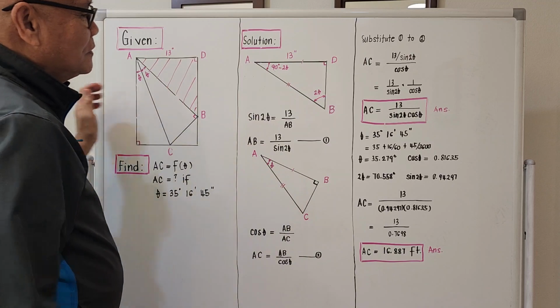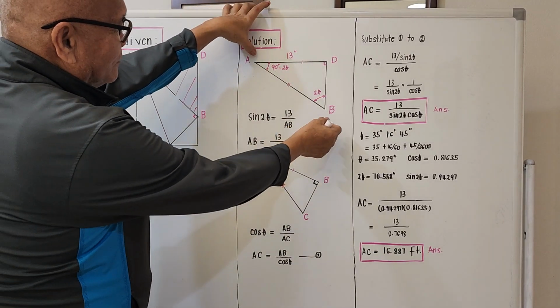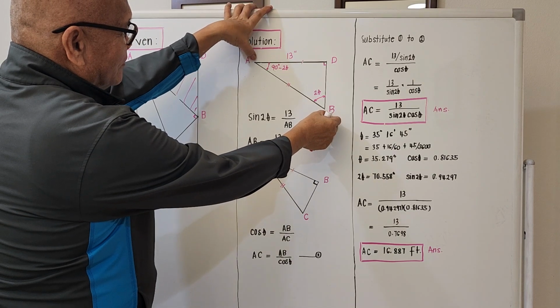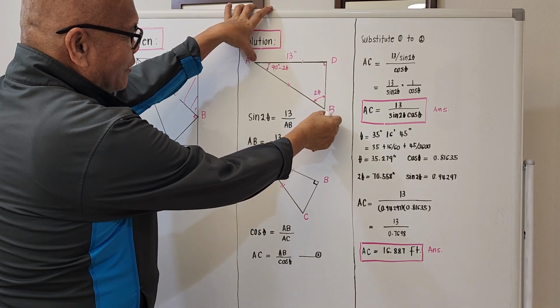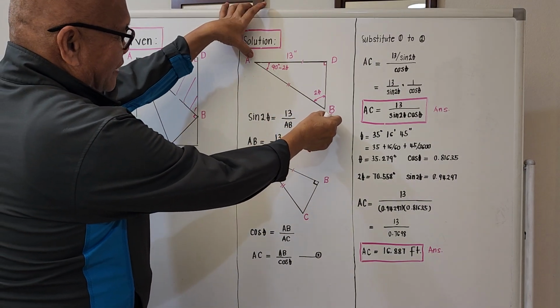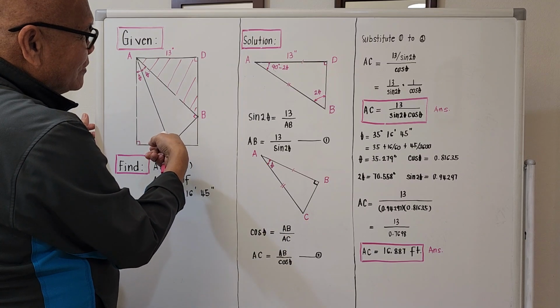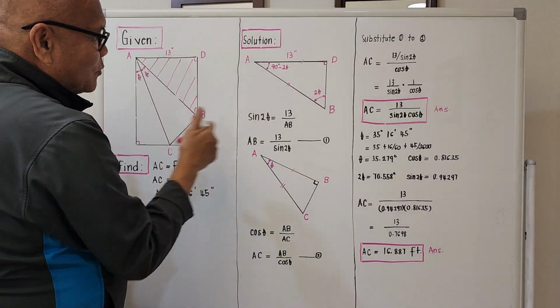From here, let's compute the length of AB, because if we can compute AB, we can transfer it to the next right triangle.